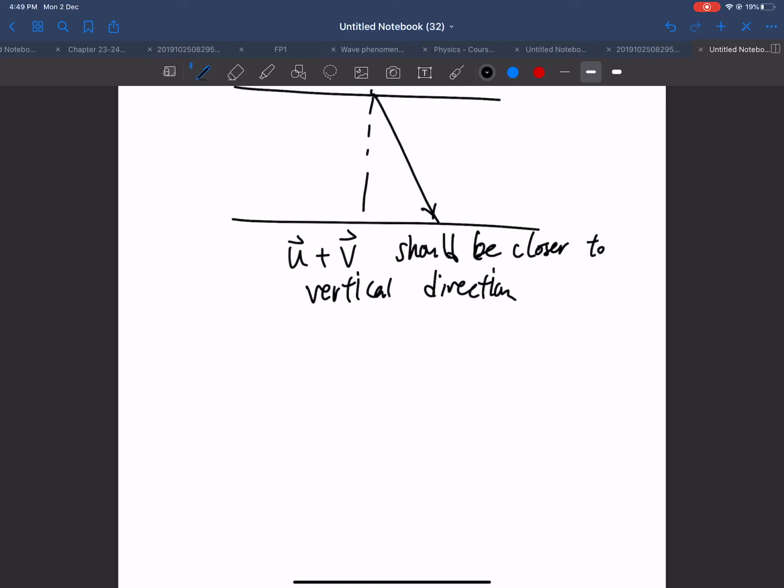So, what is meant by u plus v being closer to the vertical direction? Let's have a drawing. U has a definite direction to the right, but you don't know the direction of v yet. Therefore, we can draw a semicircle here.